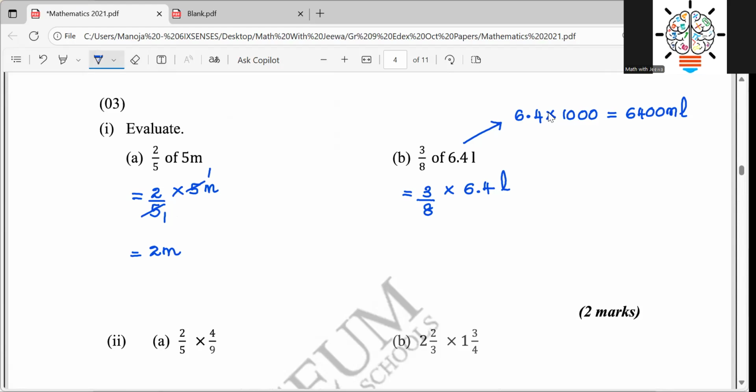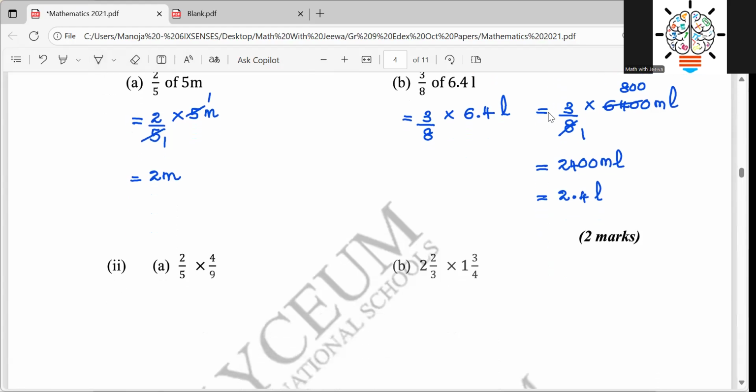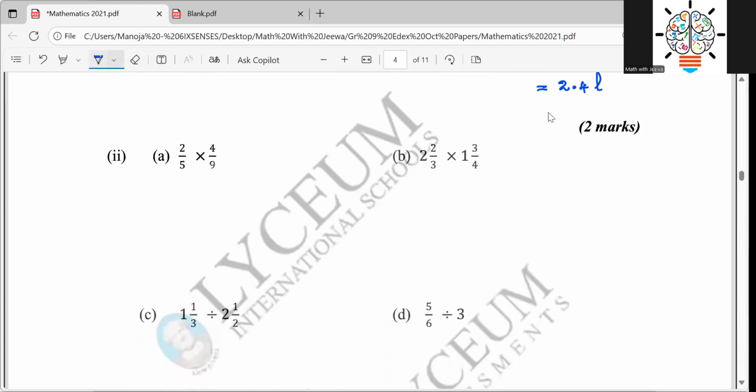So then here, the next step I write 3 over 8 multiplied by 6,400 milliliters, 8 times 1, 8 times 800, and 3 times 800, it gives me 2,400 milliliters, and I can write it in liters, 2.4 liters, right?